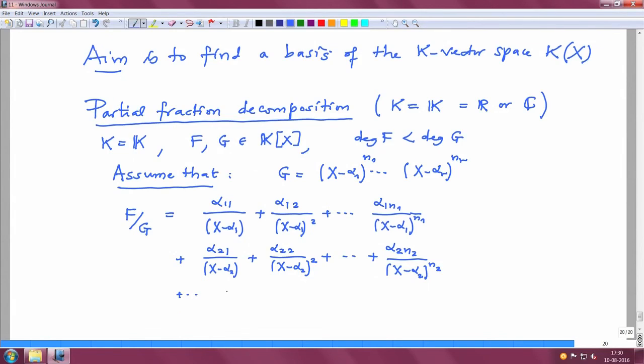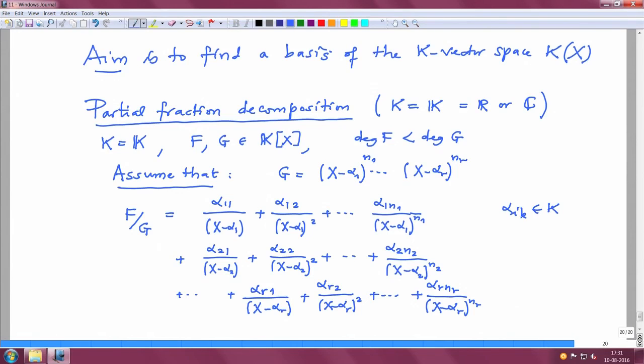The last one will be alpha r 1 over x minus alpha r, plus alpha r 2 over (x minus alpha r) squared, plus up to alpha r nr over (x minus alpha r) power nr, where these alpha i k are constants.